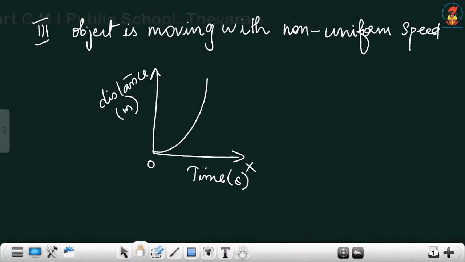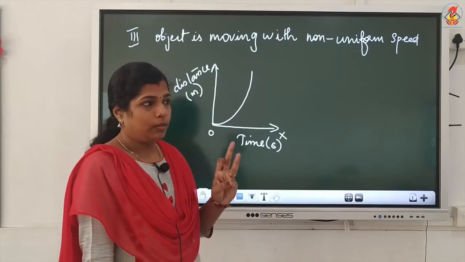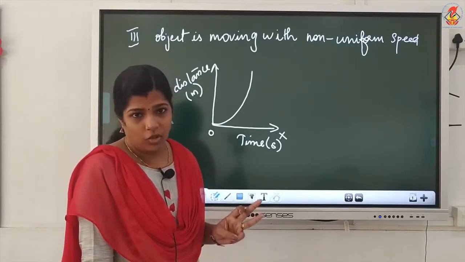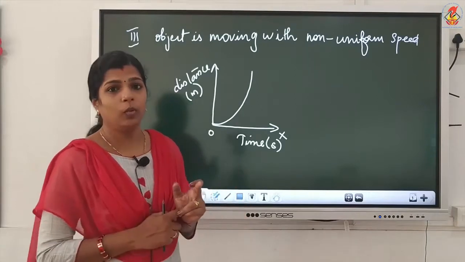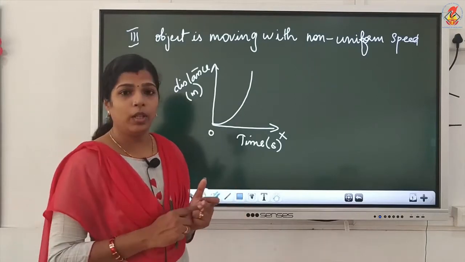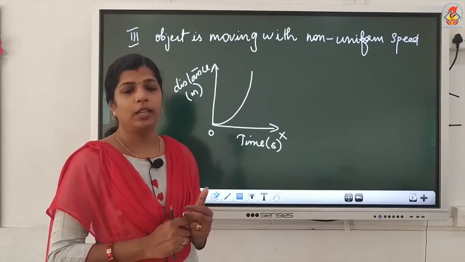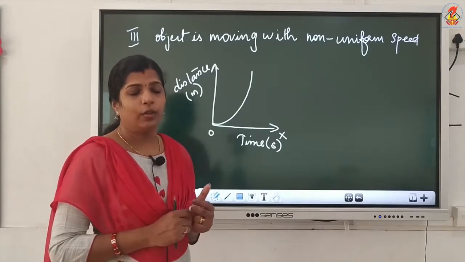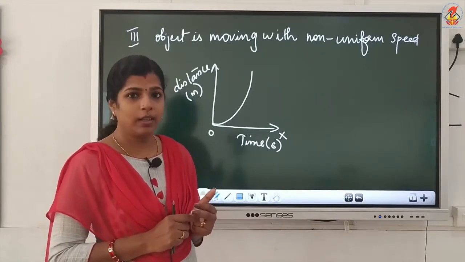So, three cases are there. First one, when the object is at rest, the graph will be a straight line parallel to the time axis. Second one, when it is moving with uniform speed, the graph is a straight line. From that graph, we can find the speed by taking the slope of that graph.